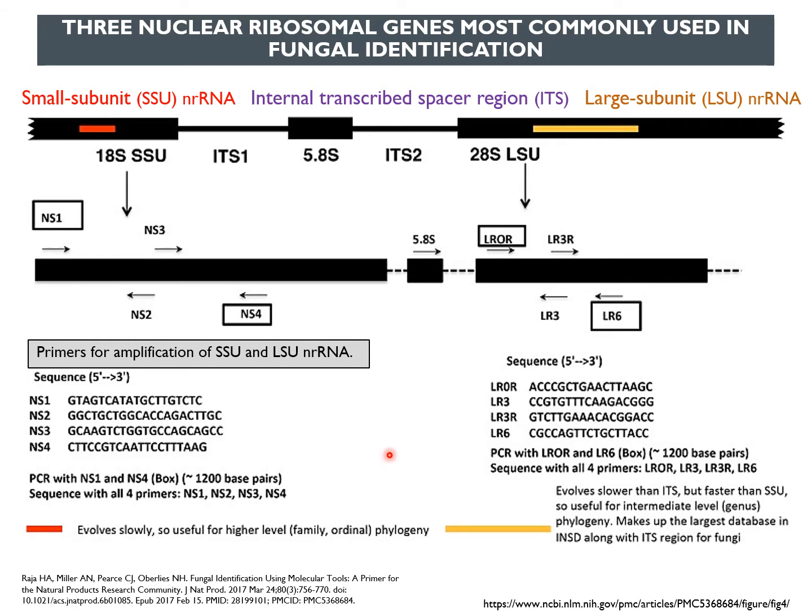Alternatively, if the identification needs to be made at the intermediate taxonomic level, like family or genus level, then the user can amplify and sequence the LSU using the primer combination of LROR and LR6, which is here.